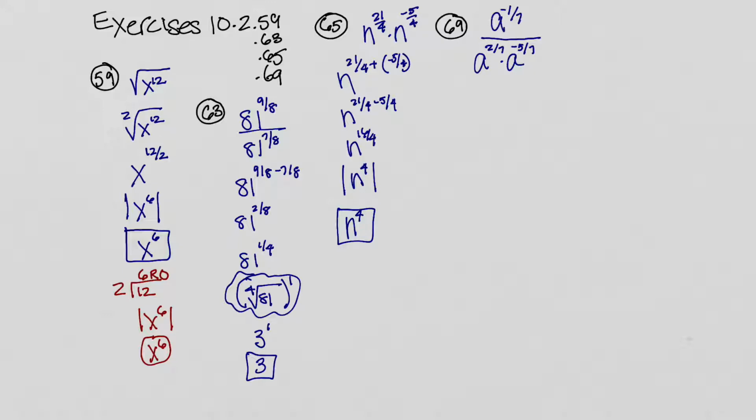So let's apply the rule of exponents to this one here. In the numerator, let's just rewrite that as a to the negative 1/7. But in the denominator, we can actually combine these, two powers with the same base. We're going to add the exponents.